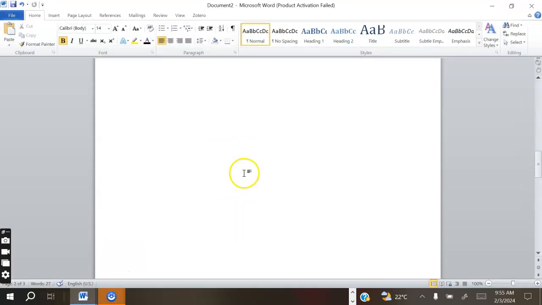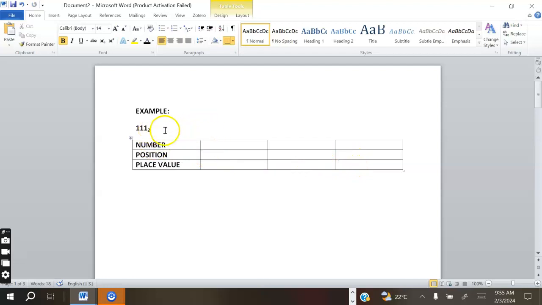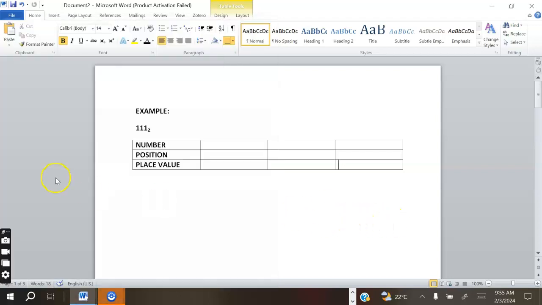So this is my first example. It's a previous example that I was doing. So we have an example that is 111 to convert to decimal.